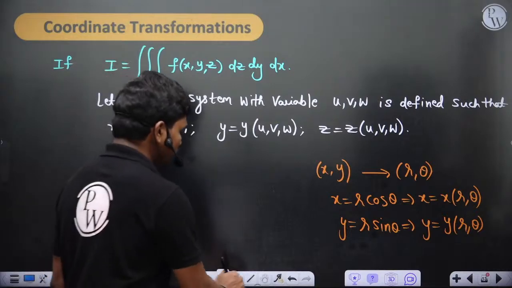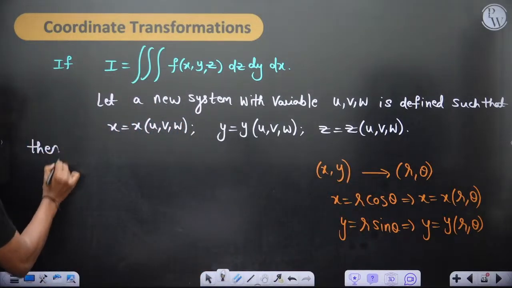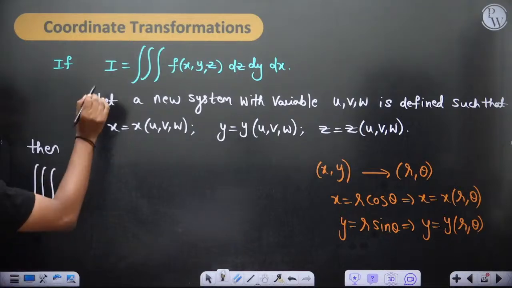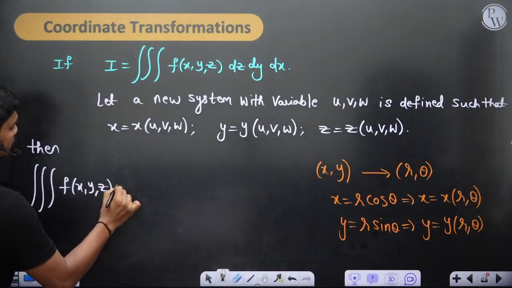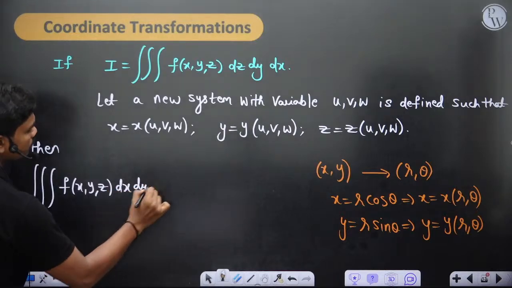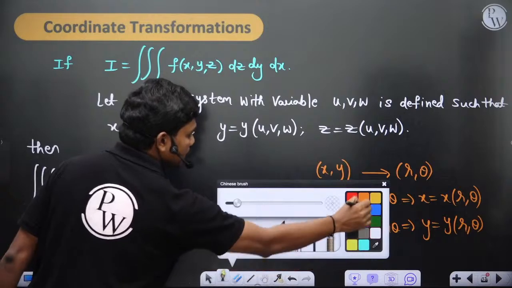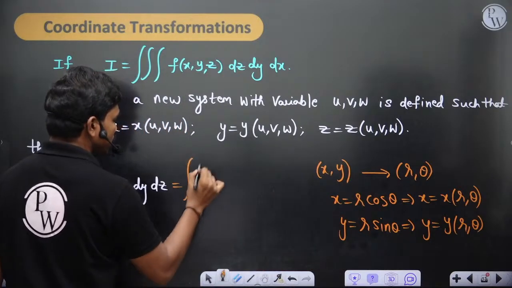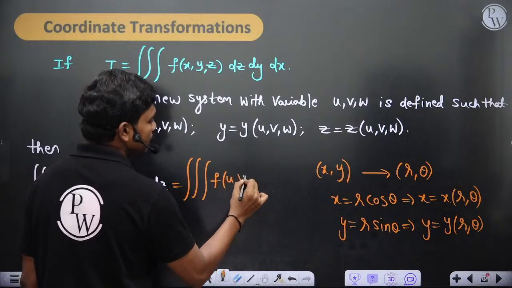Then the integral over the domain, or basically over some volume, of f of x, y, z, dx dy dz, depending upon the limits, gets converted to the integral over the same domain of f of u, v, w.